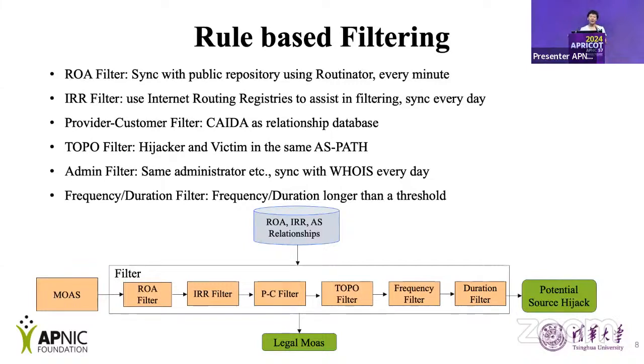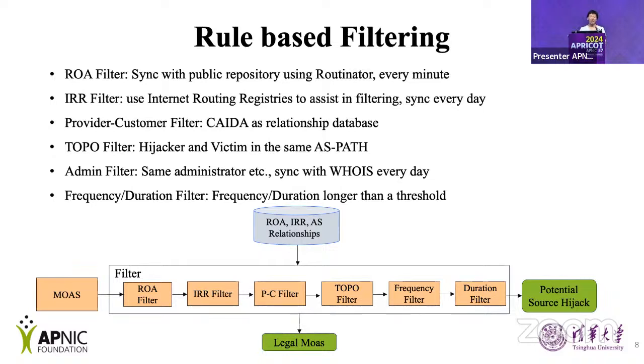For rule-based filtering, these are the filters. First, we have a ROA filter, which will compare the prefix announcement with ROA entries to check if they are valid. This filter will sync with the public repository using RoutineNet every minute.